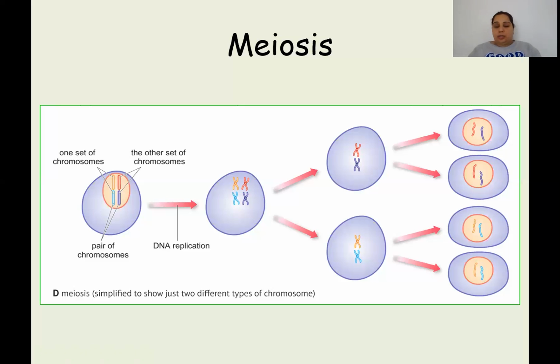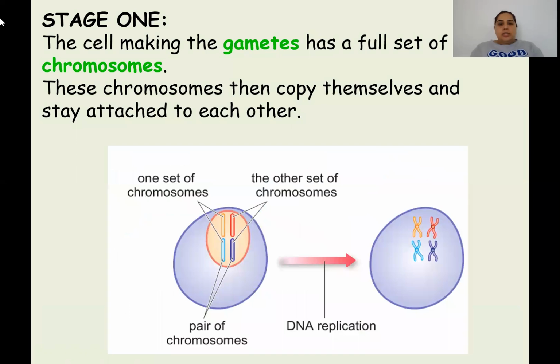of fertilization. The next 3 slides just go through the 3 stages of meiosis in a little bit more detail. Again, you should have seen this, you should have made your notes, but I'll quickly run through it with you. So stage 1: the cell making the gametes has a full set of chromosomes.